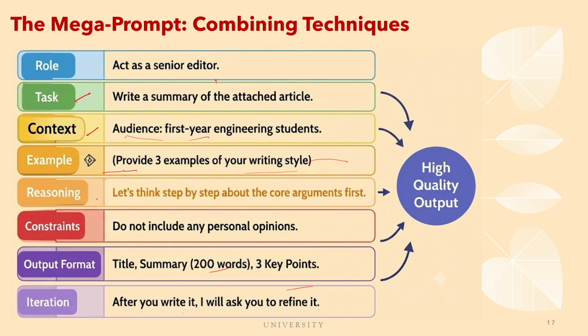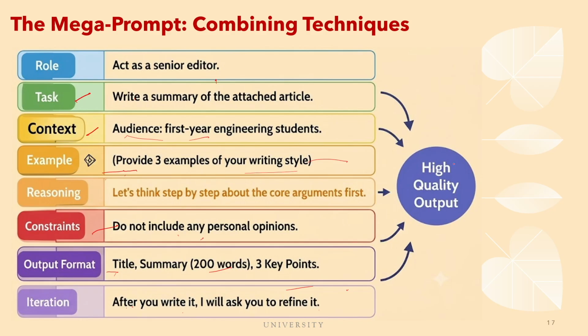The reasoning portion comes with 0 shot or 1 shot or multi shot. For the constraints, we are specifying the negative prompt, do not include. The format is specified, title and summary, and the iterative type of prompting. So, all these types we are giving, and when we give this, the LLM should provide a high quality output. Again, it is based on the type of LLM that is used.